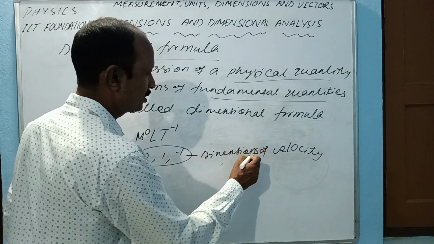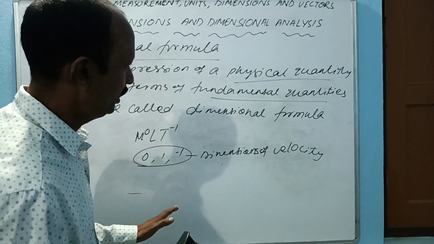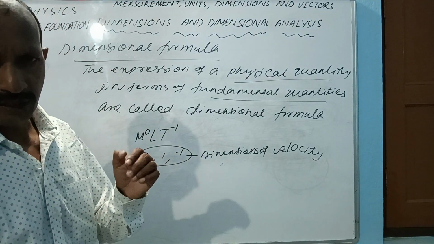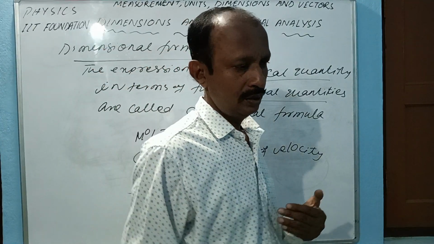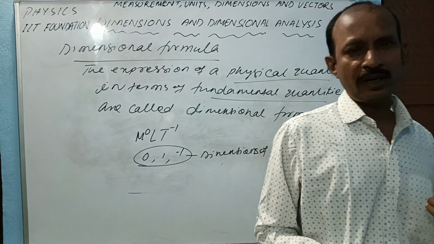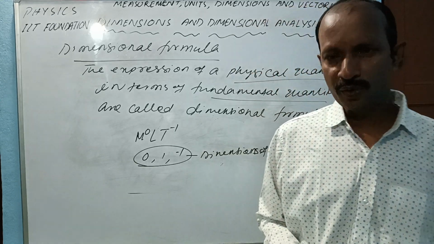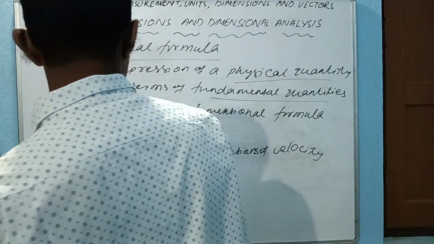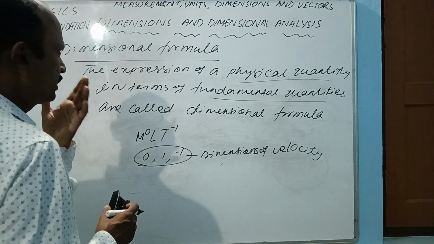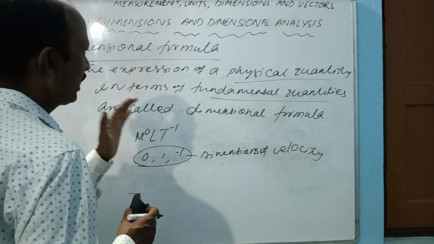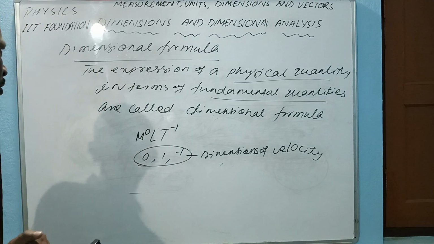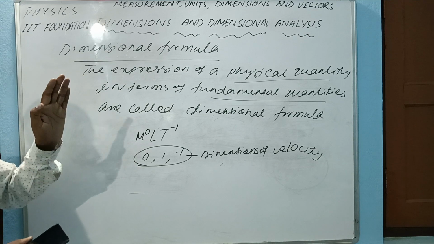So these are the dimensions of a velocity. So the physical quantity which is expressed in terms of fundamental quantities, we say dimensional formula. Today's topic is regarding the dimension and dimensional analysis. Especially I am telling about the dimensional formula.